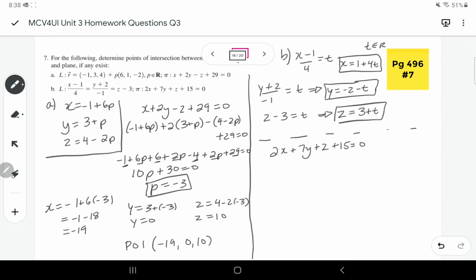So I'm going to substitute in the parametric equations for x, y, and z and solve that for t, if I can. So here I've got 2 plus 8t minus 14 minus 7t plus 3 plus t plus 15 equals 0.